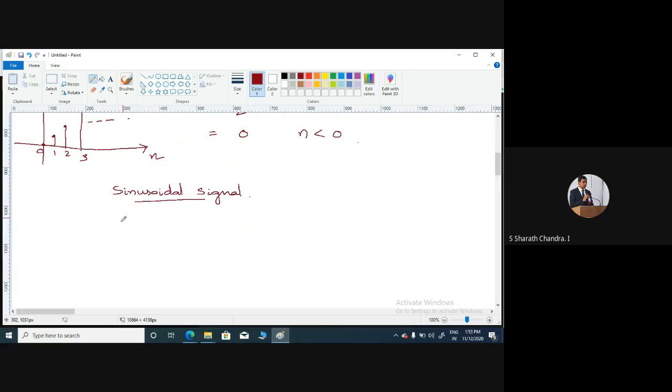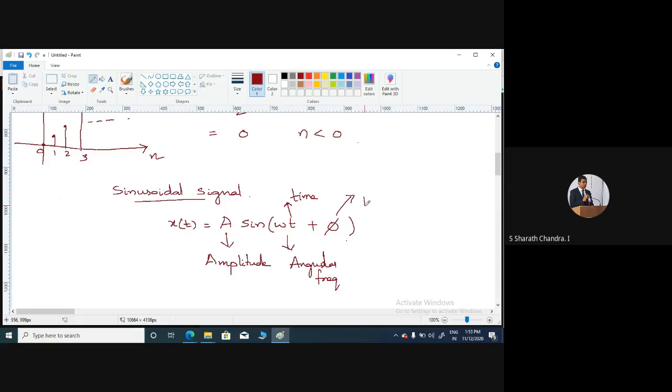A continuous time sinusoid signal, in its most general form, is given as x of t is equal to A sine omega t plus phi. Here, A represents the amplitude of the signal, omega represents the angular frequency, t represents the time variable, and phi represents the phase angle in radians.